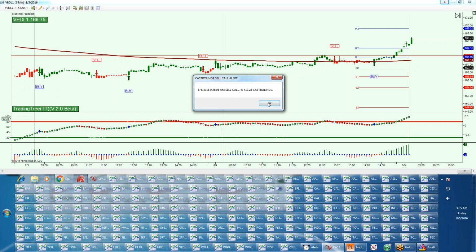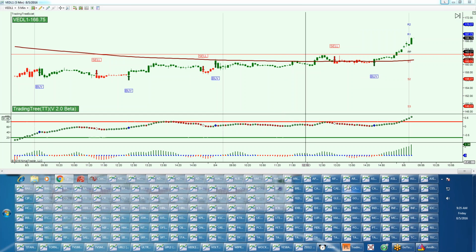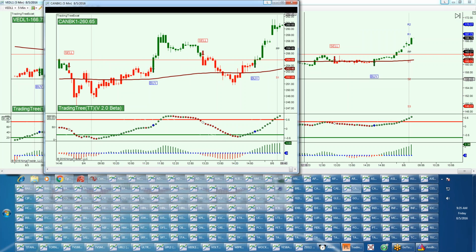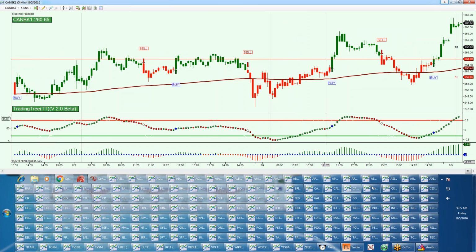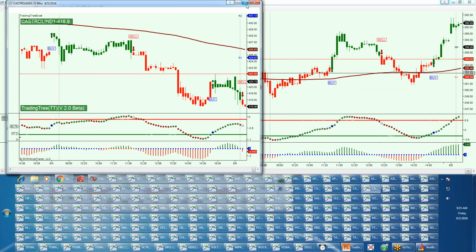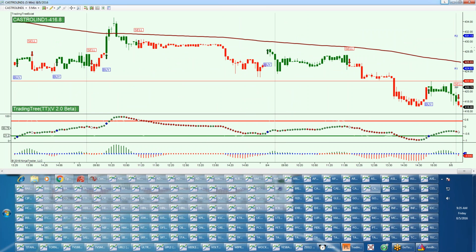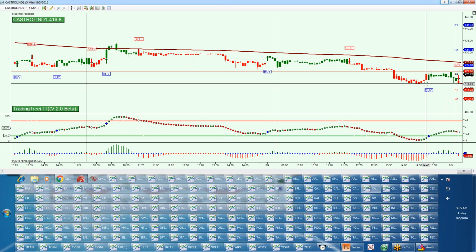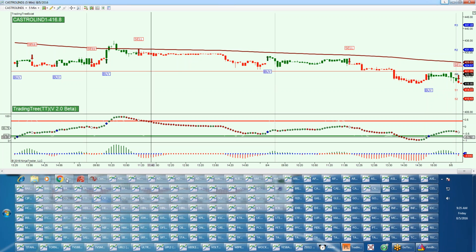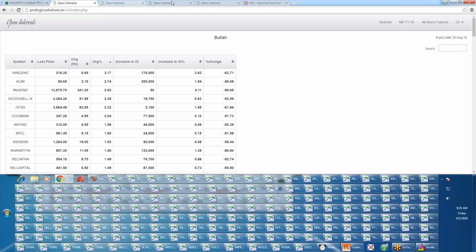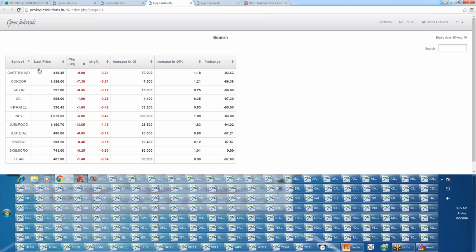Castrol we have a sell call. Now you can just come to the open interest and check what's happening here. We have Castrol here with almost high open interest, and then it's bound to fall.